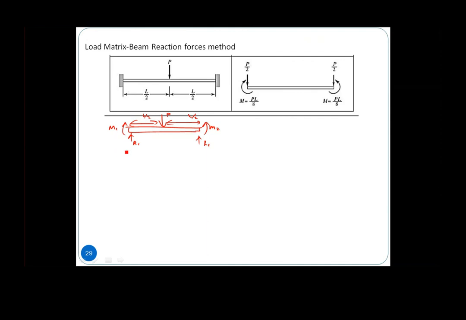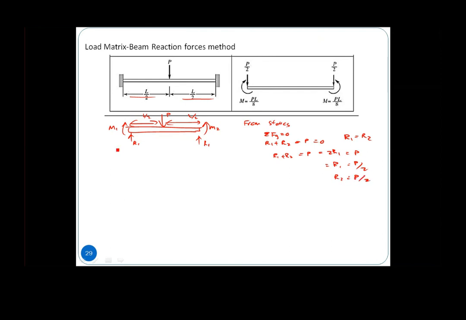If you look into reaction from statics, this is quite straightforward. Summation of Fy equals 0, so R1 plus R2 minus P equals 0, then R1 plus R2 equals P. R1 equals R2 in this case because of symmetry, half of it. So 2R1 equals P, and R1 equals P over 2. R2 also equals P over 2.